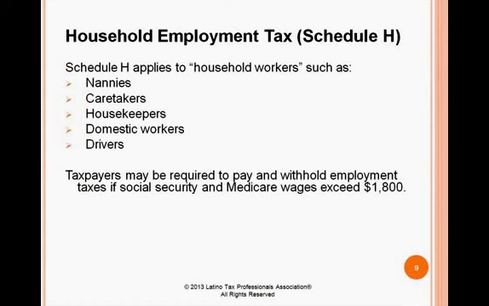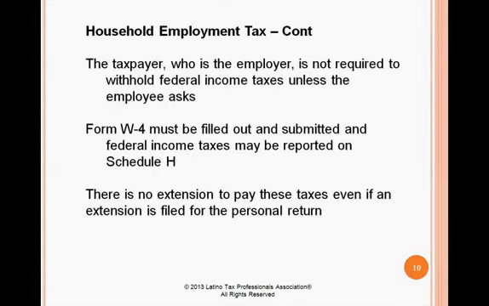Another one you don't see very often in regular tax preparation is the household employment tax, or Schedule H. Schedule H applies to household workers, such as nannies, caretakers, housekeepers, domestic workers, drivers. Taxpayers may be required to pay and withhold employment taxes, such as Social Security and Medicare, if those wages exceed $1,800. Now, do you as the employer need to withhold federal income taxes?